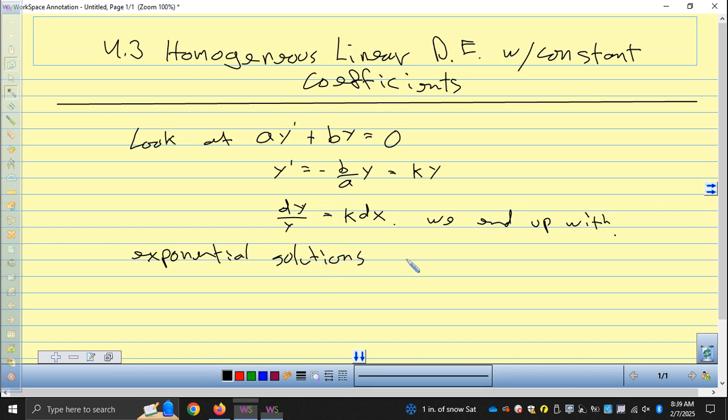And I'm going to write that as y equals e to the mx. And in this case, m would be negative b over a.